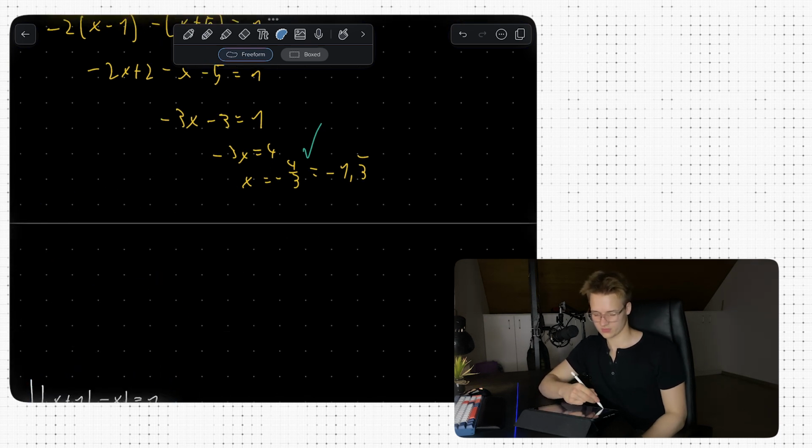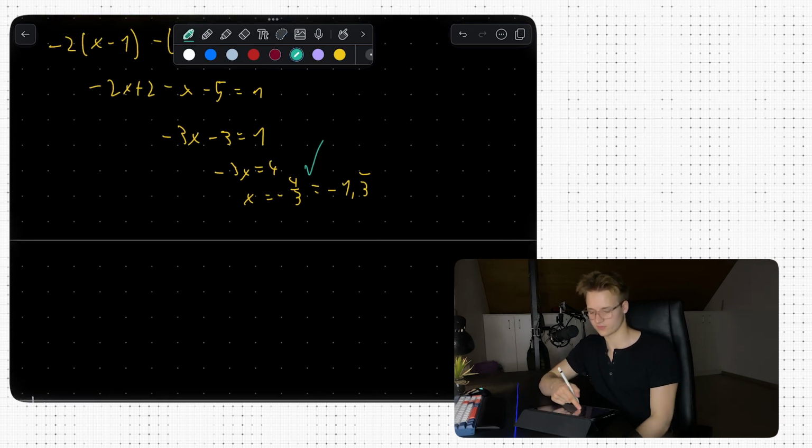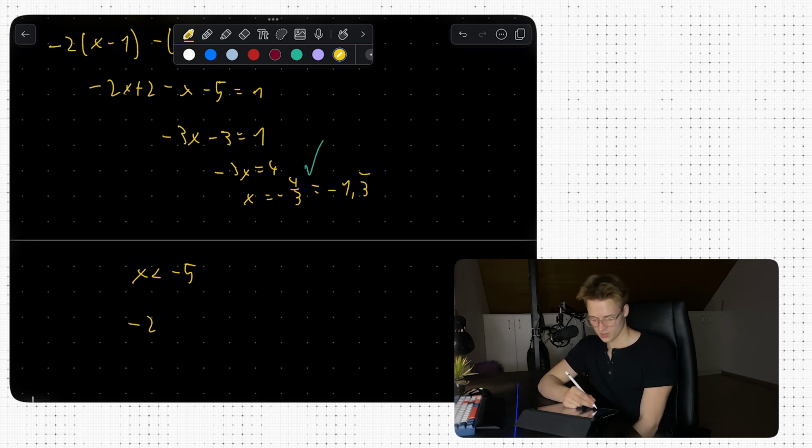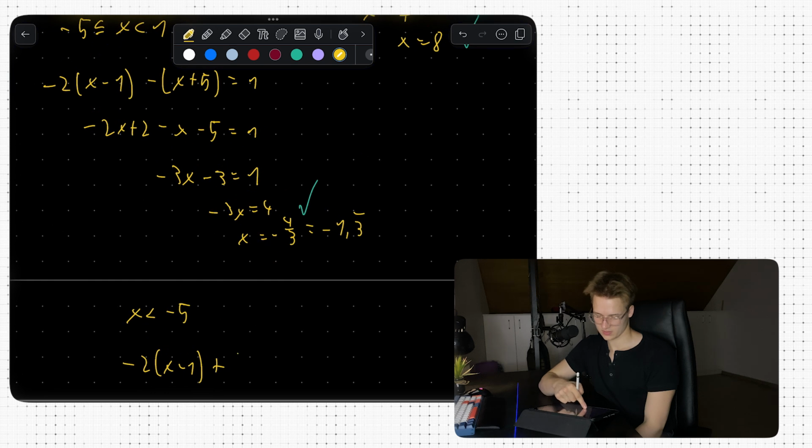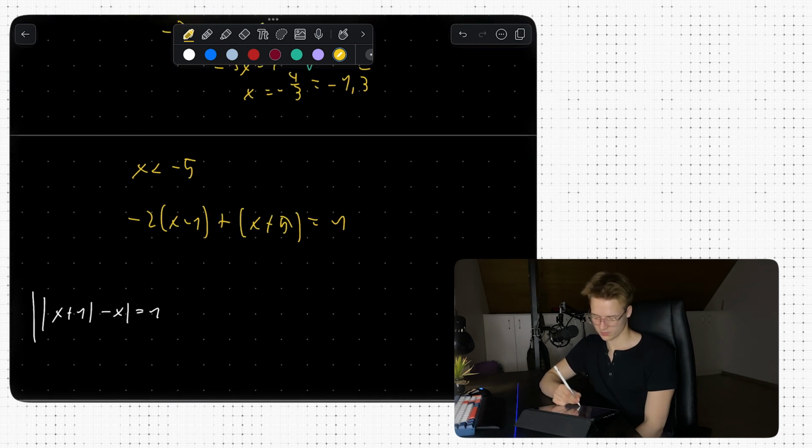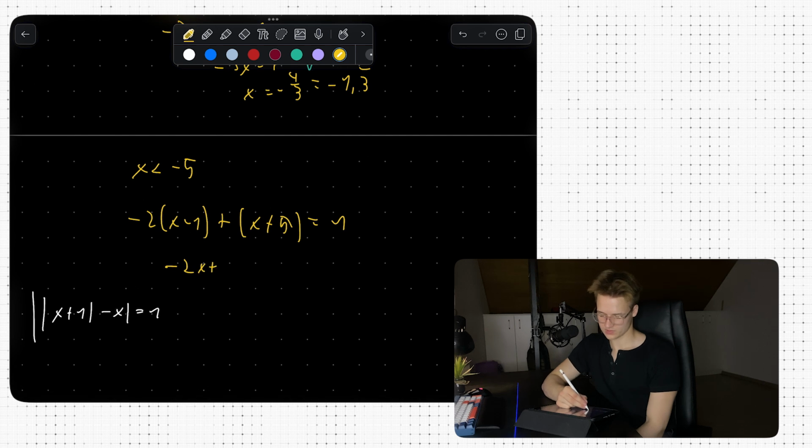Lastly, we look at the last case, when both of them are negative, so x is less than -5. We have -2(x minus 1) plus (x plus 5) equal to 1. -2x plus 2 plus x plus 5 equals 1.